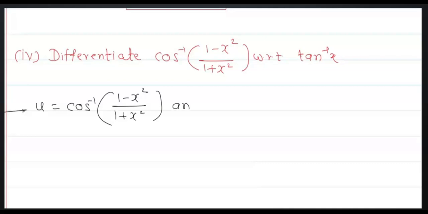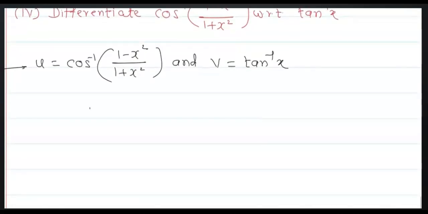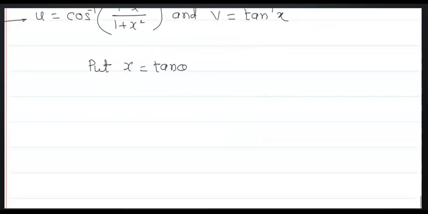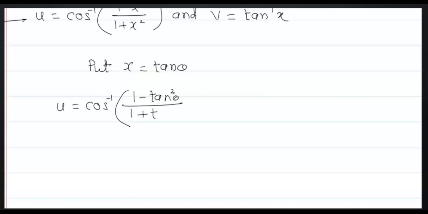That is, u is equal to cos inverse of (1 minus x square upon 1 plus x square), and v is equal to tan inverse of x. Now put x is equal to tan theta. Then you will get cos inverse of (1 minus tan square theta upon 1 plus tan square theta), and v is the tan inverse of tan of theta.